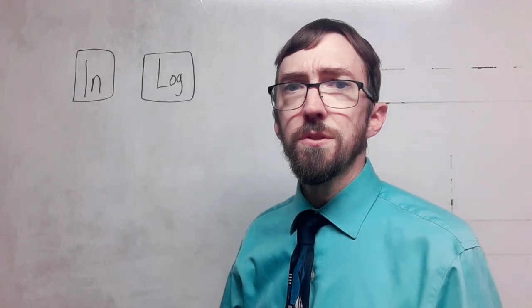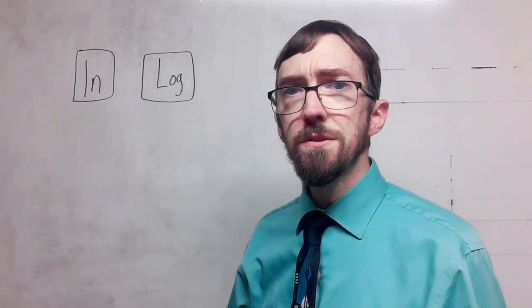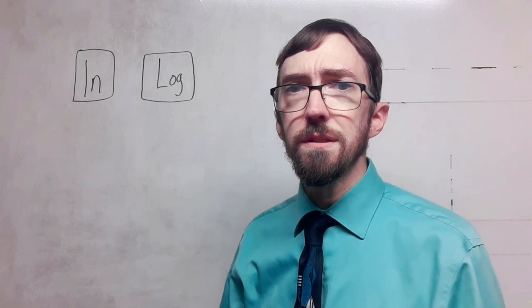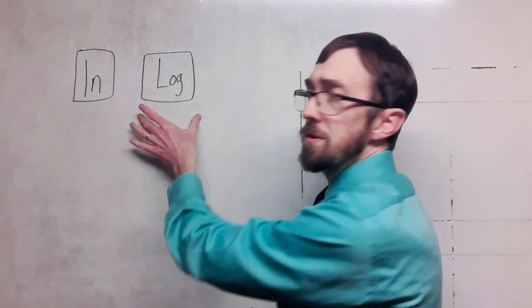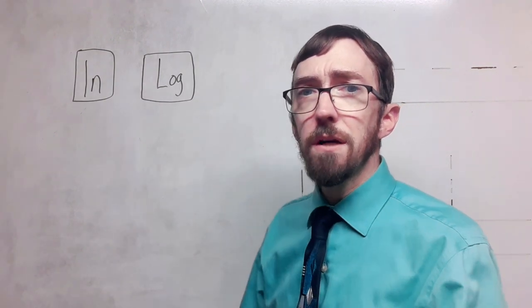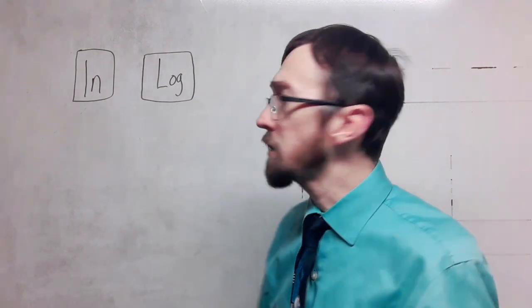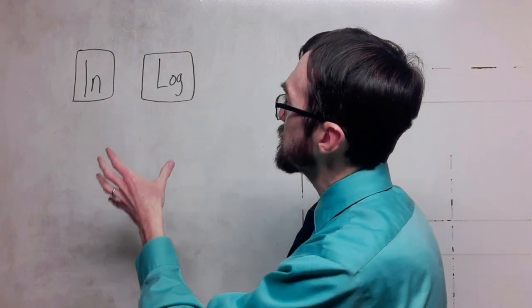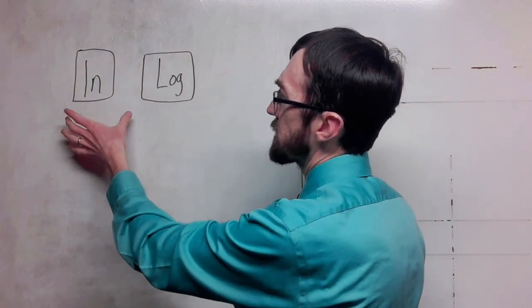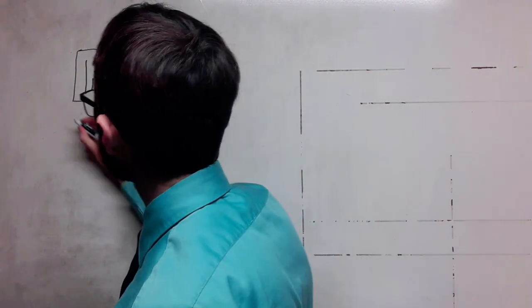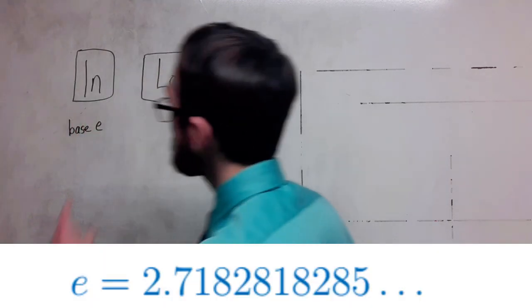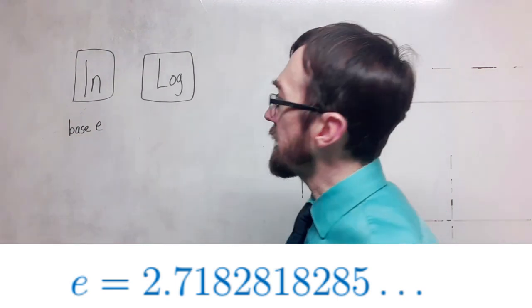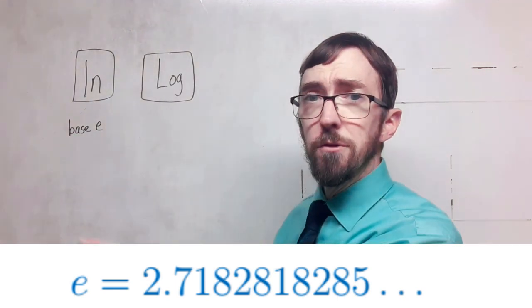The next thing that I want to talk about is the buttons that are typically found on scientific calculators. You typically have these 2 buttons, which are logarithms, and some calculators may have other functions available, but these are the 2 basics. This is the natural logarithm. This is base e. This is the number e. This is like pi in that it's an irrational number.